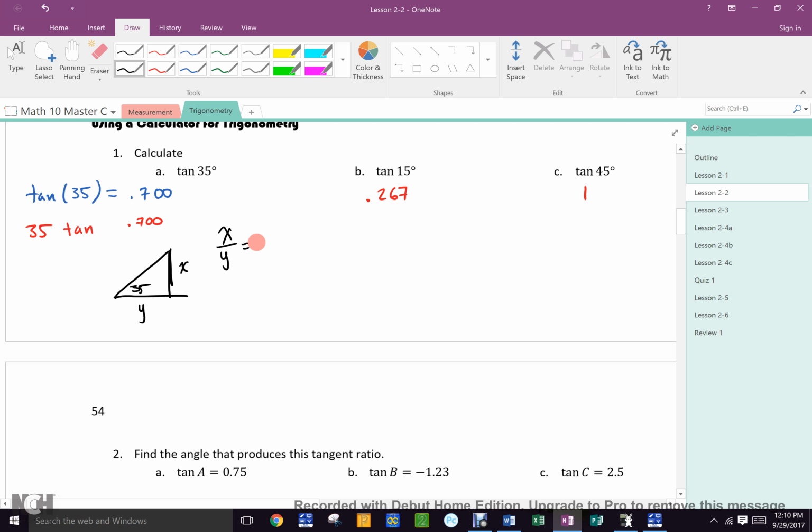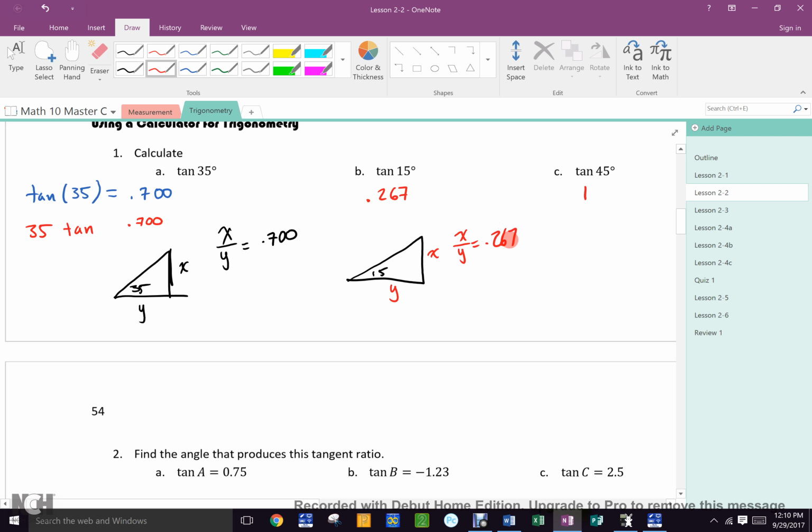Okay. So what would the middle triangle look like? It would be 15. And what would be the two things I was comparing? The vertical one over the horizontal one. So x divided by y would be 0.267. Everybody understand?